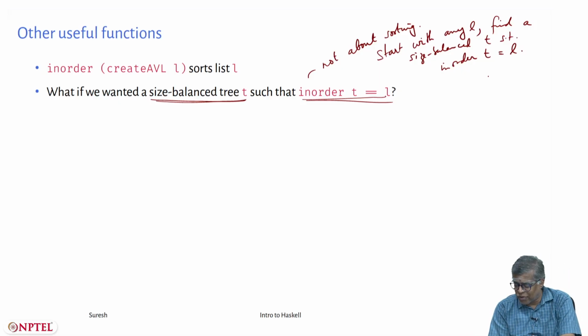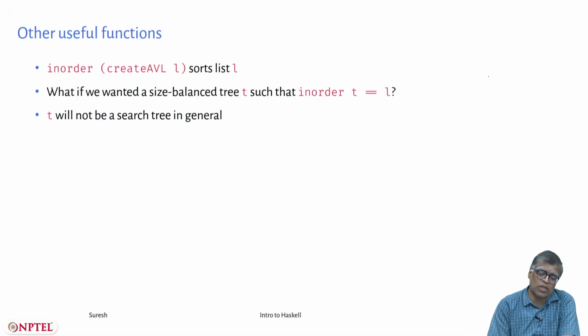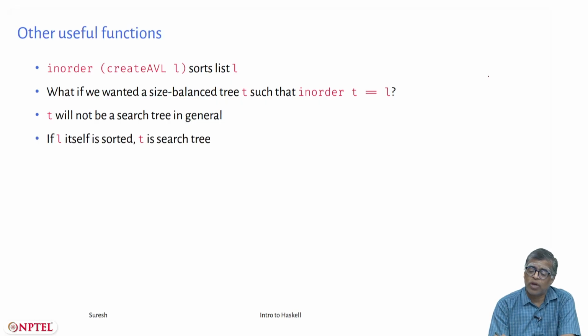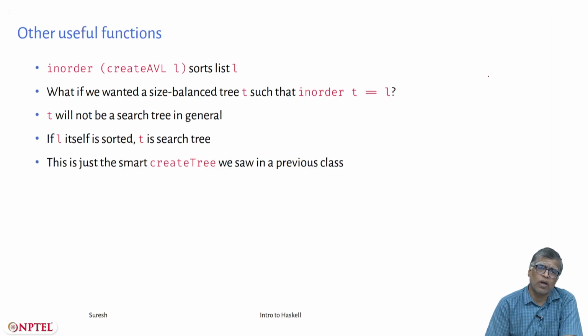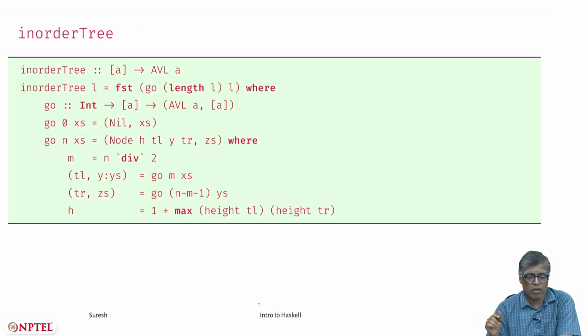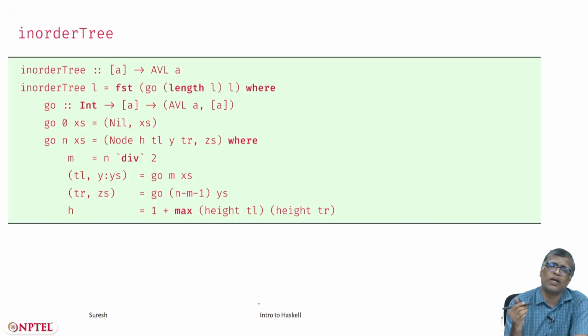This is something that we have seen multiple times before. If L itself is already sorted, then T will be a search tree, otherwise it will not be a search tree. This is just a smart create tree that we saw in a previous class, and if you want to recall, it is this. We will call it in-order tree.